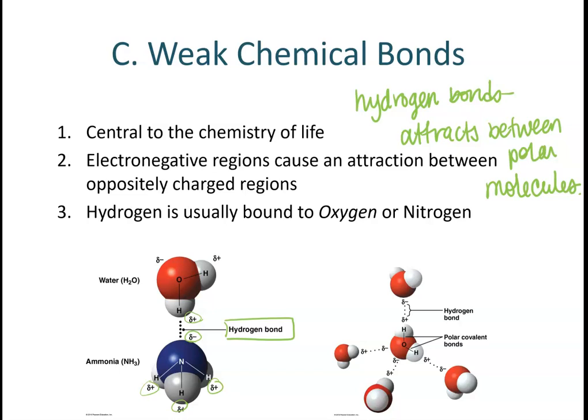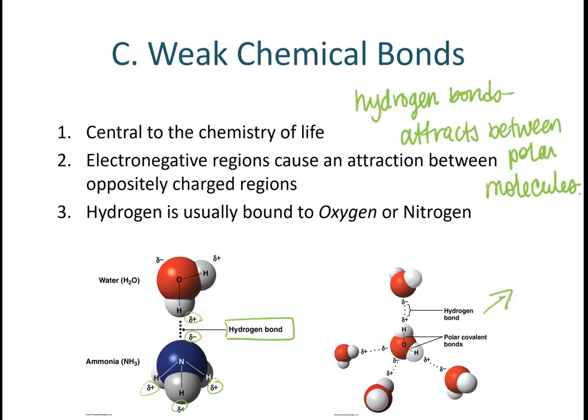Now, water forms hydrogen bonds with itself. So you have the negatively charged oxygen attracted to the positively charged hydrogen, and you get this sort of very regular structure where your positive and negative charges sort of make the water molecules spread out.